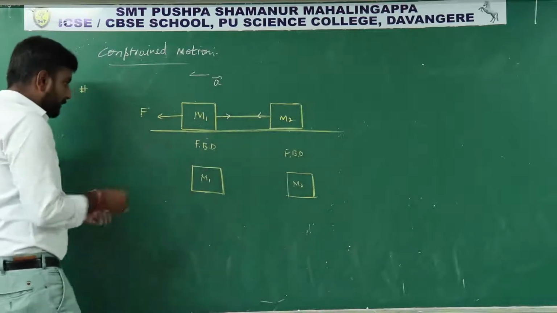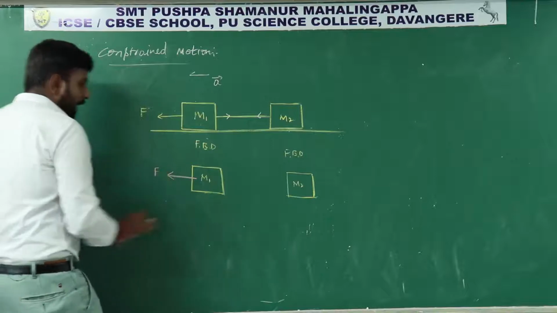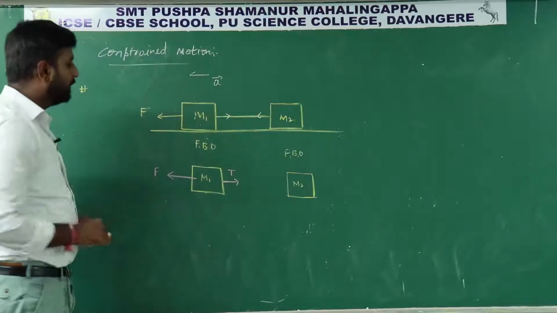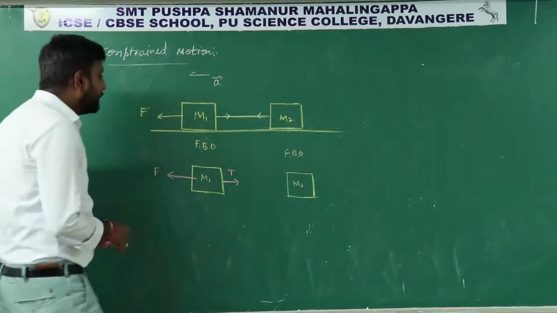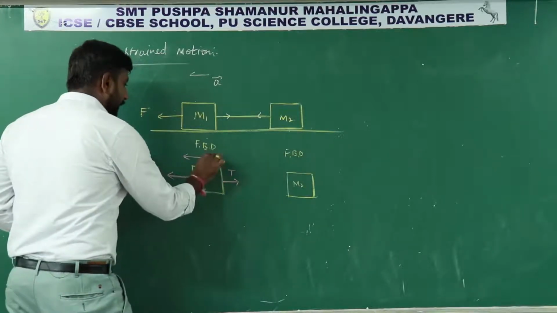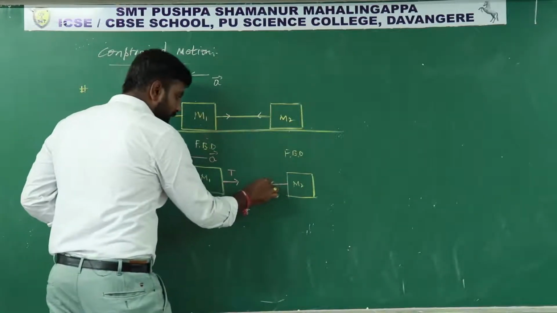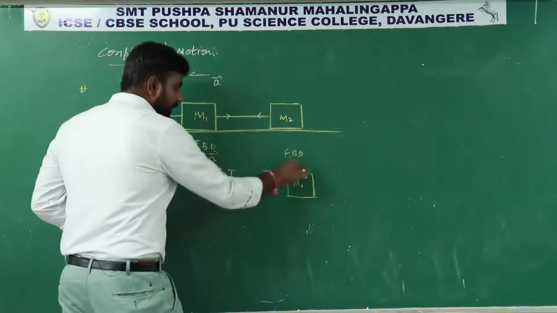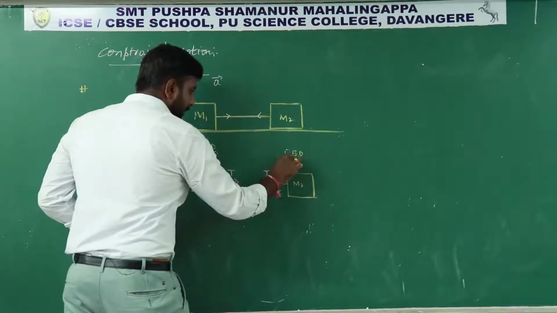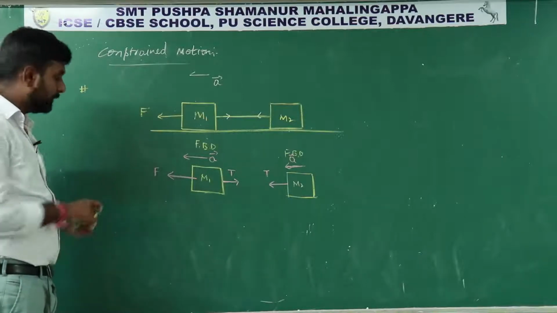Then on this mass, this is the force acting, and in this direction tension force is acting on the string, right. Then the acceleration is in this direction, a. If we see for the second mass, only one force is acting in this direction, that is tension, and the acceleration is in this direction, a, isn't it? So like this you have to identify the forces.